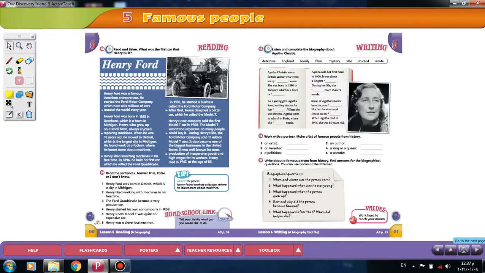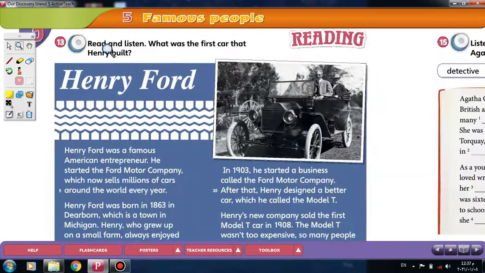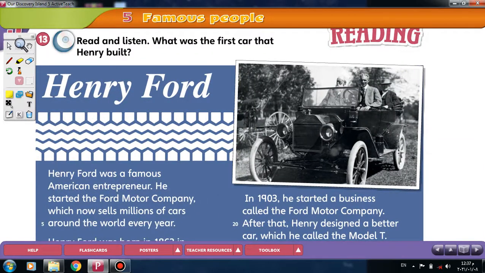Now let's go to page 60. Okay? You have to read. I'll leave you like 5 minutes to read the text itself, and then we're going to listen while you're reading. Read and listen. What was the first car that Henry built? So it seems that we're going to talk about a famous person who built cars.